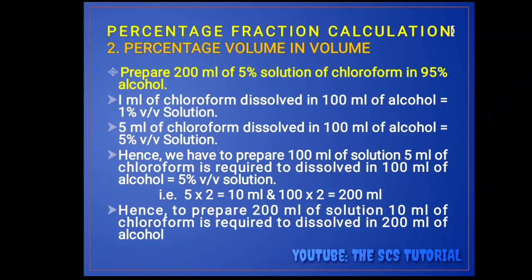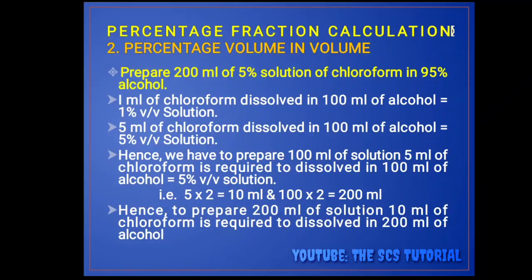Similarly, consider another expression: to prepare 200 ml of 5% solution of chloroform in 95% alcohol. If 1 ml of chloroform is dissolved in 100 ml of alcohol, that is termed 1% volume by volume, meaning 1 ml of chloroform is present per 100 ml of the alcohol.